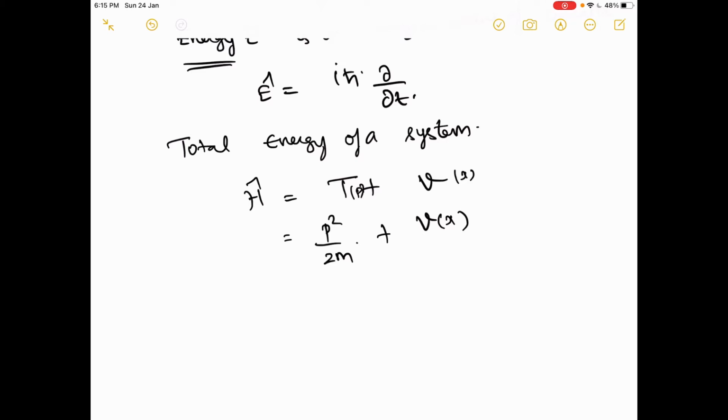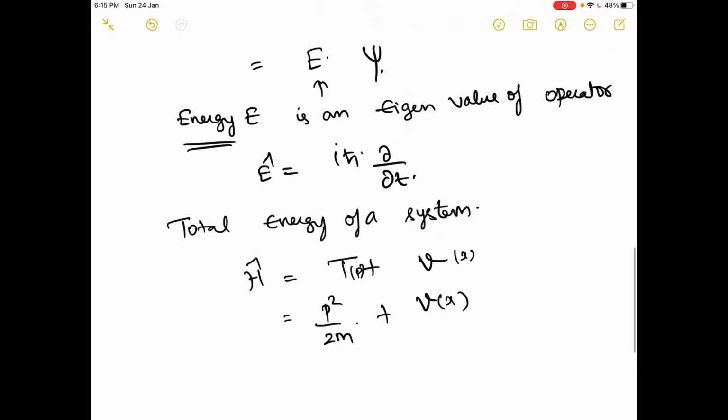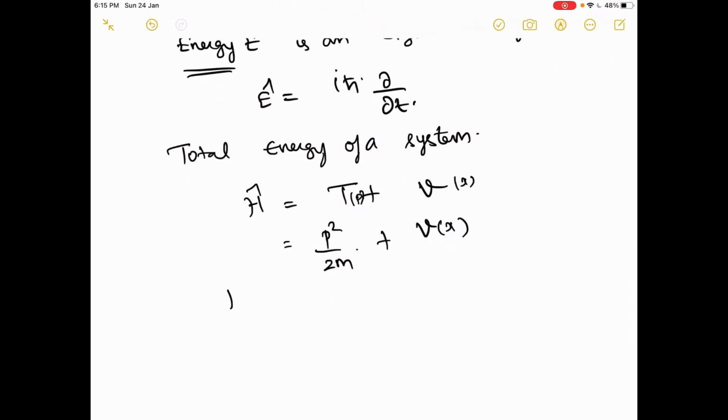And now, because H acting on the wave function psi should also give you an energy, H being Hermitian, because we prove P is Hermitian, P square is also Hermitian. And if we take V, which is also a Hermitian operator, then H psi will give you E psi. Then E will be real. E is the energy.